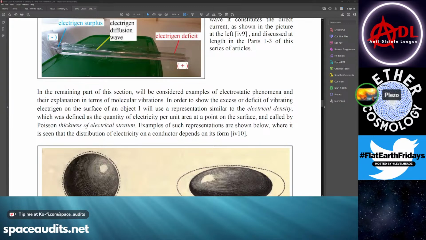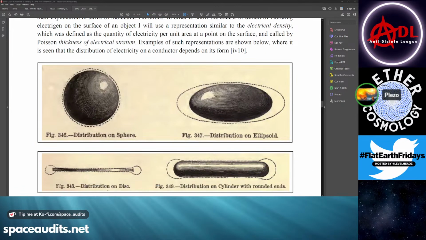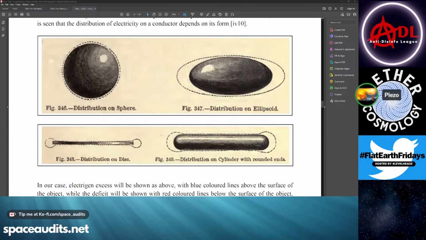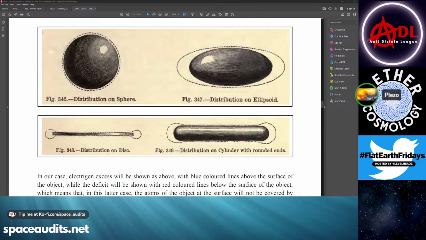Examples of such representations are shown below, where it is seen that the distribution of electricity on a conductor depends on its form. There's distribution on a sphere, distribution on an ellipsoid, distribution on a disc, distribution on a cylinder with rounded ends.